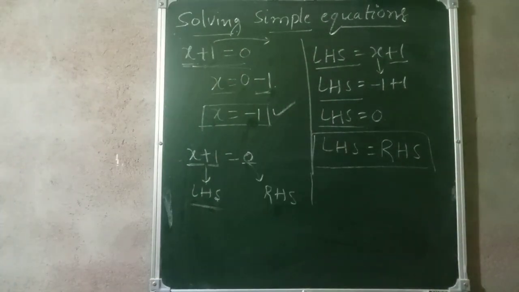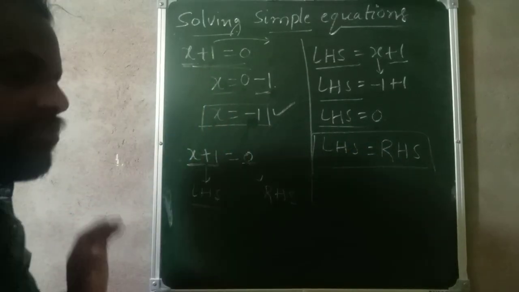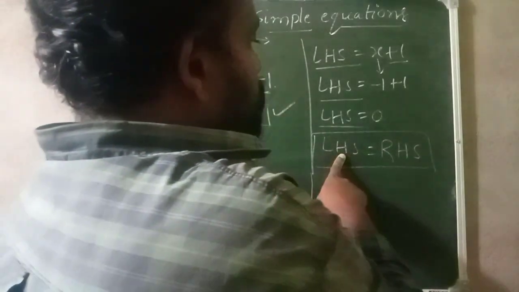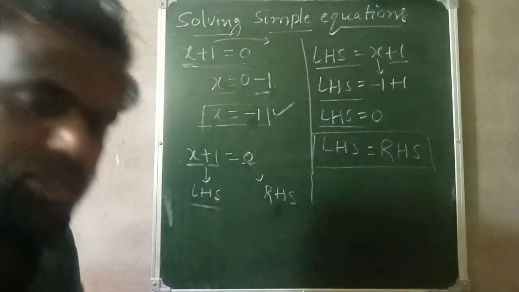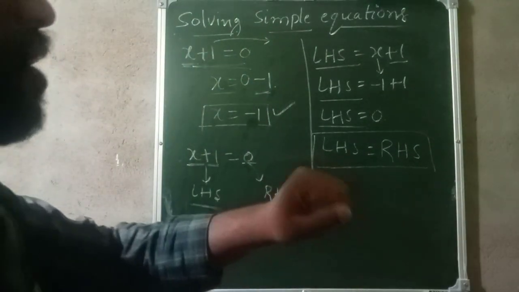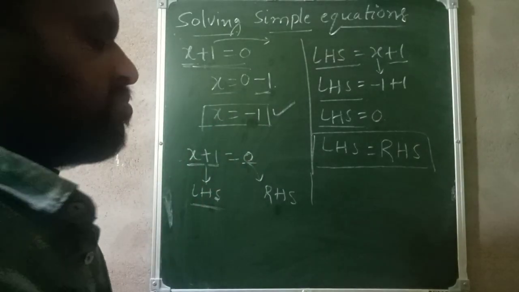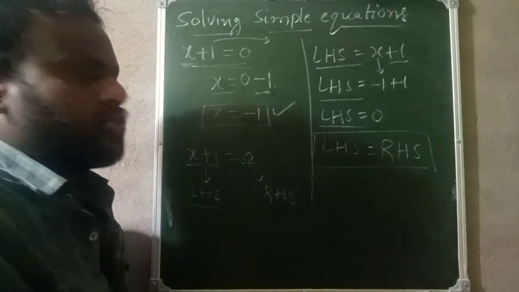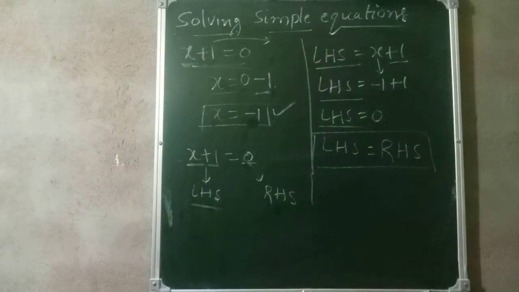Now based on this, we can say whether this is the correct answer or not. Remember, when LHS is equal to RHS, that means the answer is correct. x is equal to minus 1 is the correct answer. We have to think and understand in that way.